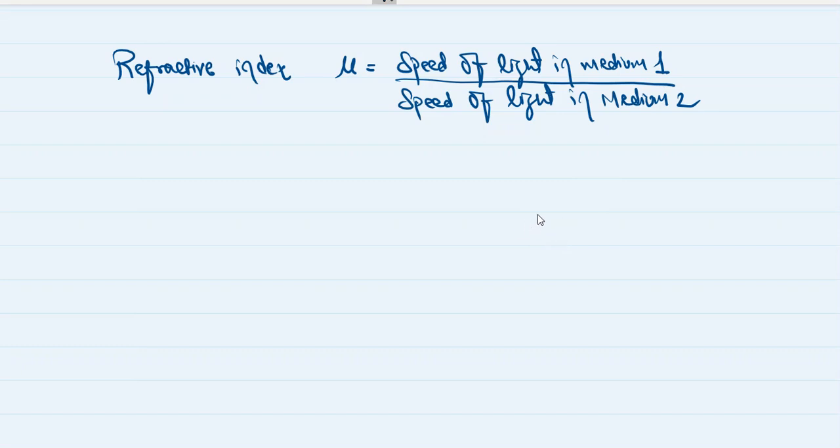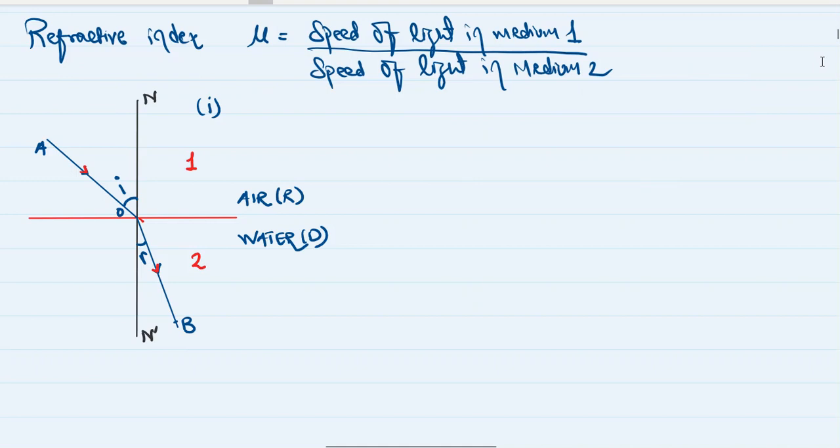Let me just confirm that with the textbook, because again we are having this medium 1 and 2. So I will get the diagram and will understand with the help of diagram what this formula is actually intending to tell us. Okay, so here we have this diagram.